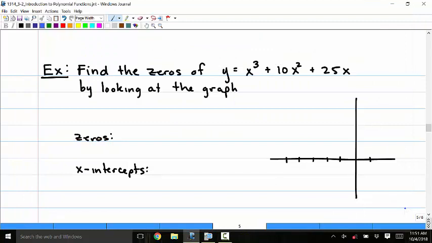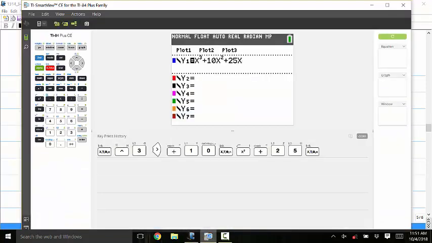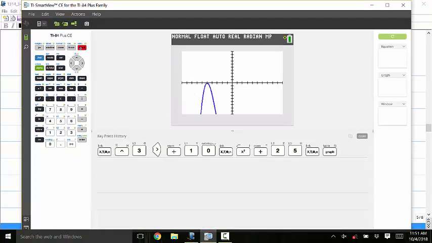Okay, for the second example, find the zeros of y equals x cubed plus 10x squared plus 25x. If I go to my calculator under y equals and type in my polynomial, and then I hit graph, are you able to find the zeros? It looks like negative 5 and 0.